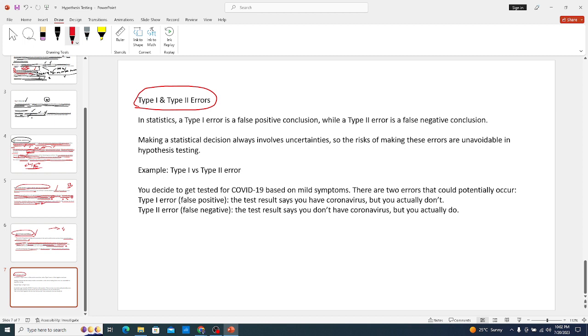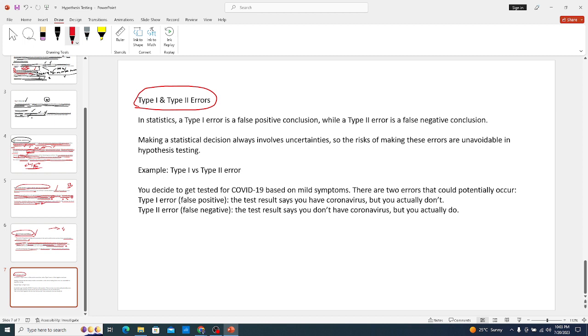One error: you might reject the null hypothesis when you were supposed to not reject it. Or you might not reject the null hypothesis when you were supposed to reject it. So with that, we have two types of error, that is type 1 error and type 2 error.